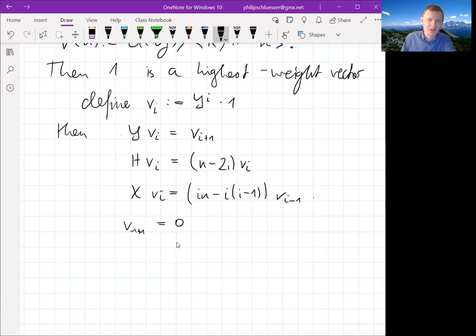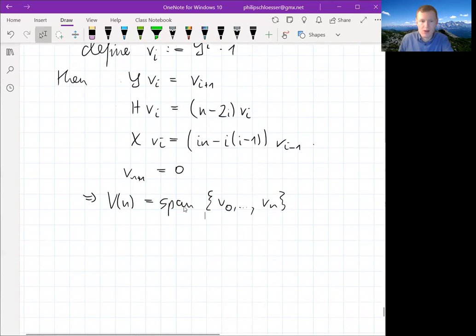But this basically shows that V_n is generated by, or even has a basis consisting of, v_0 until v_n, where this thing has, when you apply h to it, n, and this thing has, when you apply h to it, minus n.